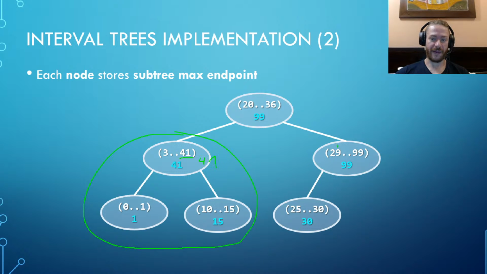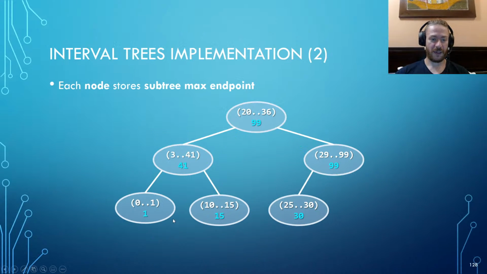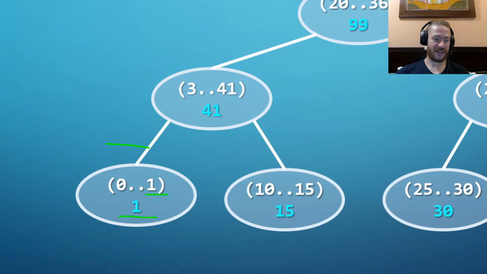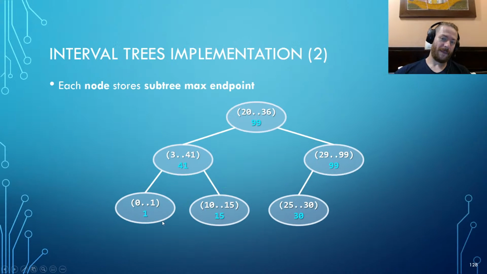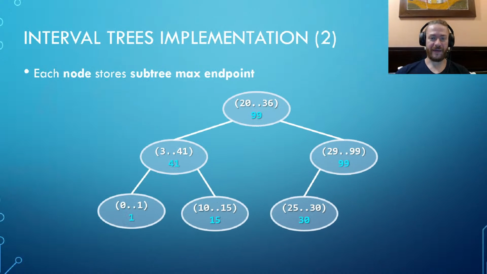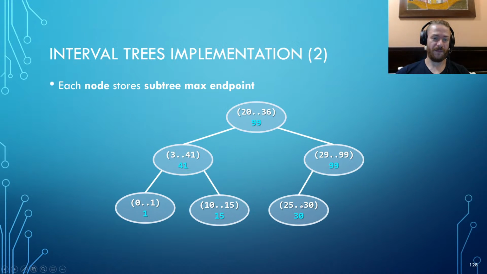Here it's 41. Here it's 99. Here it's 99 because that's the biggest interval value we have. Here it's 1 because that's the biggest value on this subtree. Here is 15. So the tree is ordered by the minimum of the interval and it stores additional information of the maximum interval of the tree.